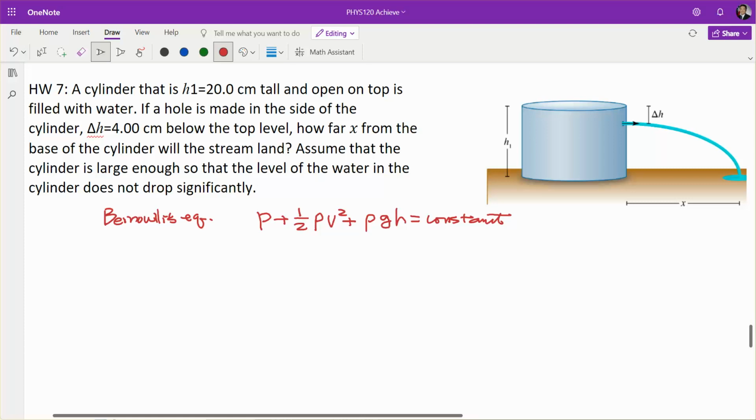When you solve this kind of problem, you need to find 2 points, and you use the information at these 2 points, make them equal, and then you can find the result that you need.